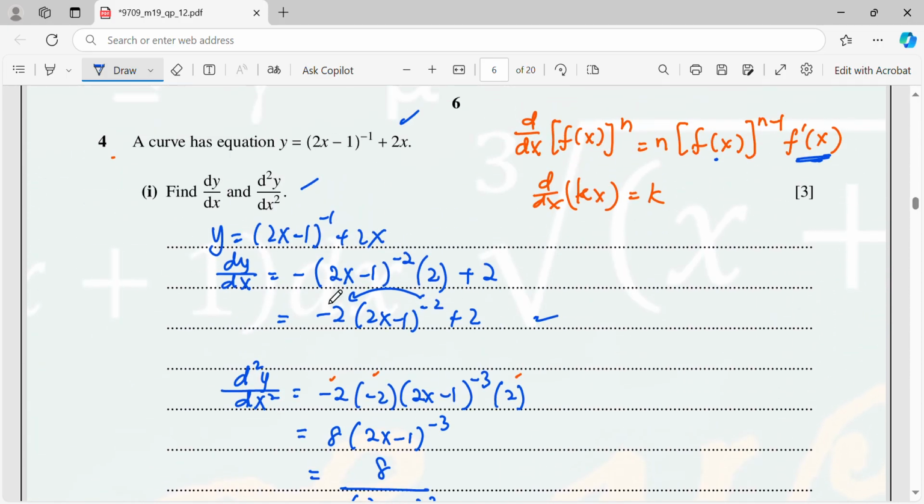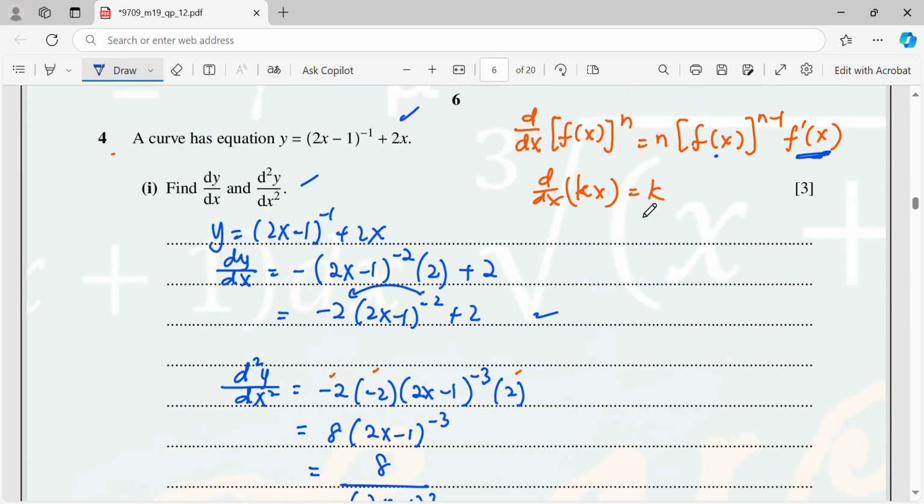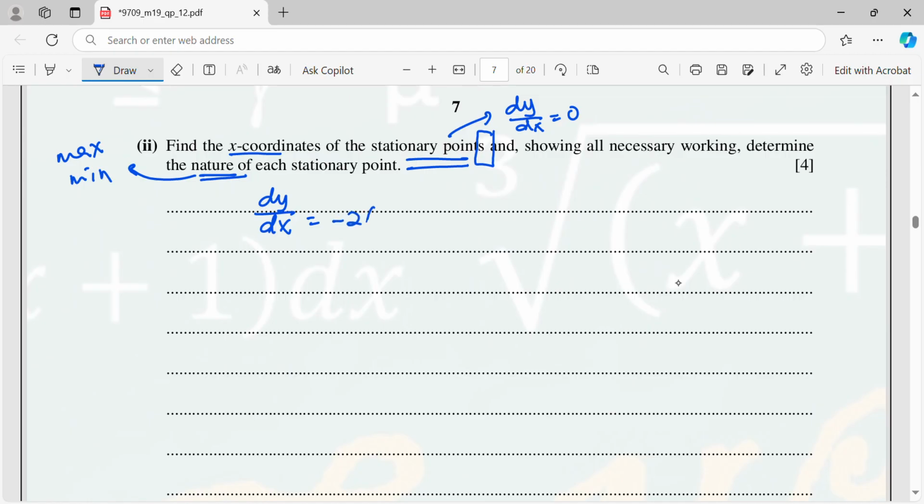Then now we need to refer back to the previous solution because we have found the dy/dx over here. I will rewrite. This dy/dx is basically minus 2 times (2x minus 1) to the power of minus 2, then you plus 2. Then from here I will rewrite.